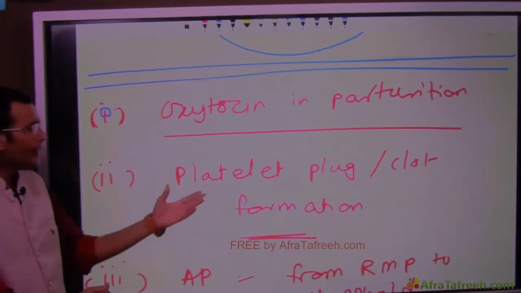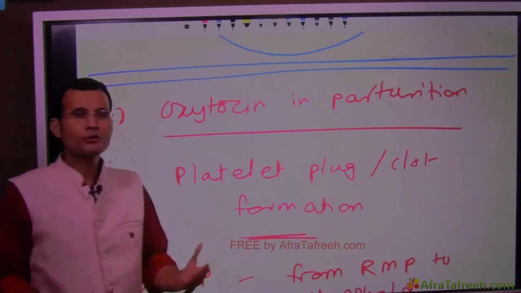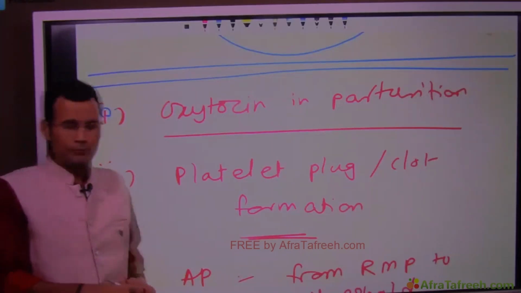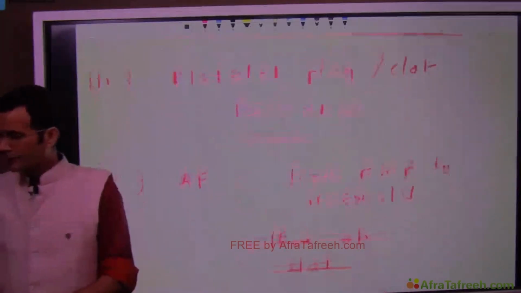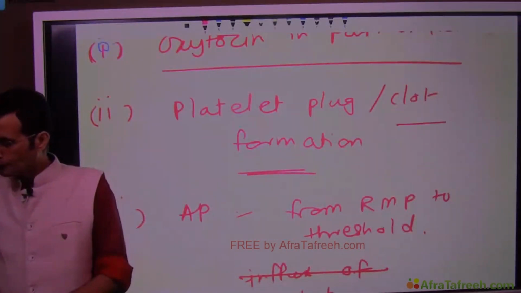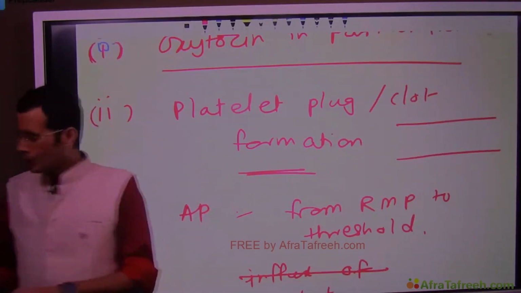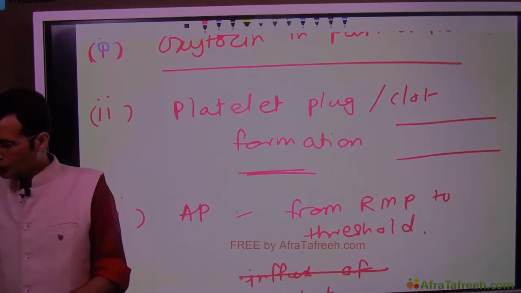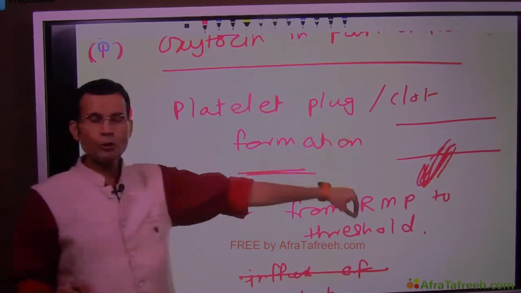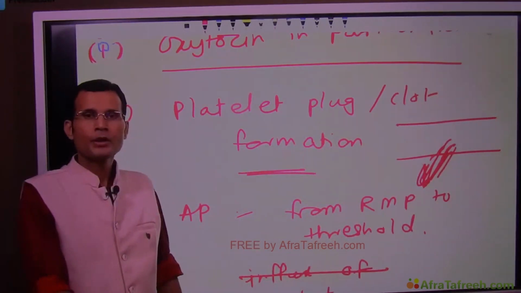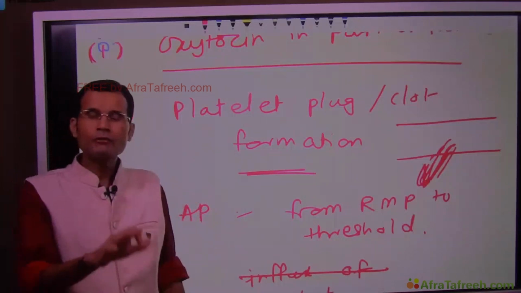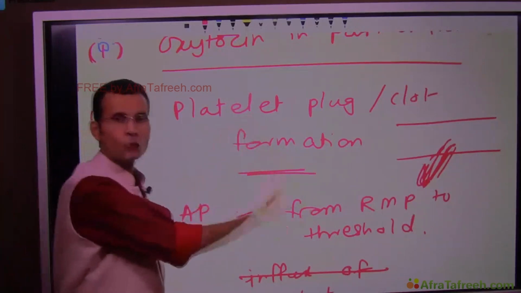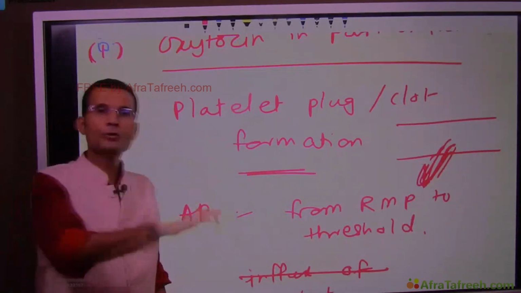Or let's say platelet plug formation, it's for stoppage of bleeding. I mean, imagine that there is a circulating blood volume, and because of the rupture of the vessel, the volume is going out, the blood volume is decreasing. Then with platelet plug formation, the bleeding will stop and the blood volume can be restored.